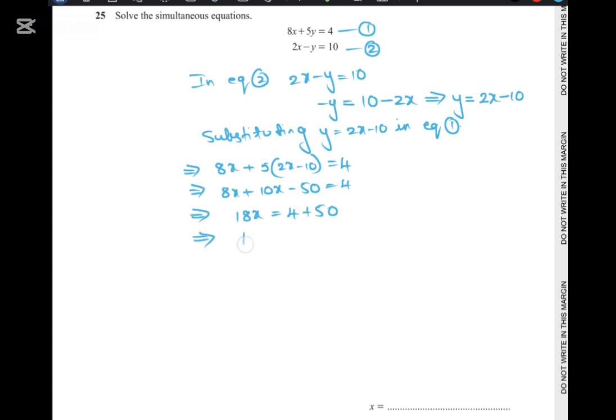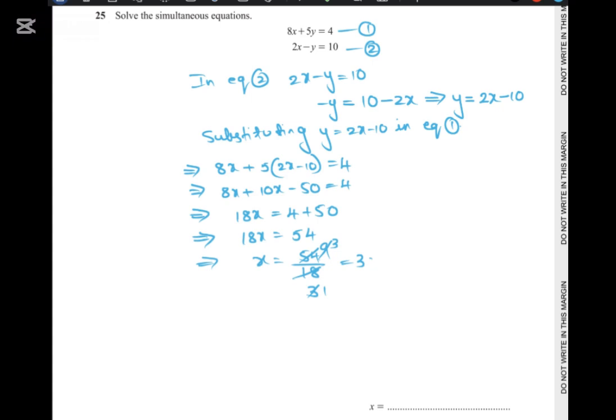This gives you 18x is equal to 54. Now x will be 54 by 18. Cancel out: 6 3s are 18, 6 9s are 54. So x value is 3.